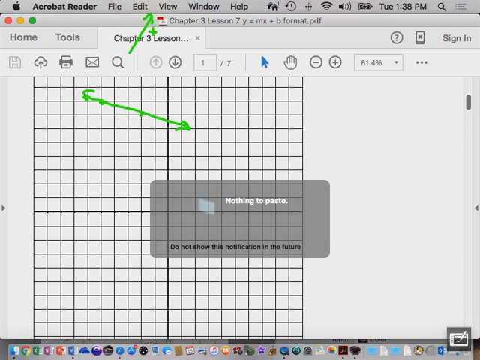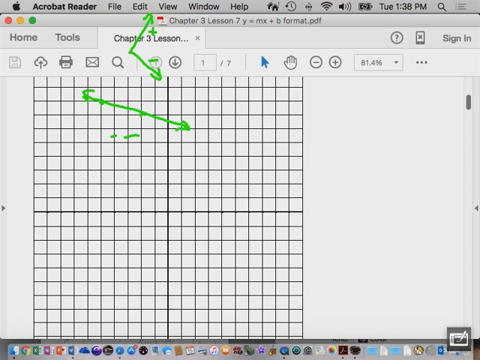If the slope goes down, it's a negative slope. Is this going up or down, left to right? Down. So therefore, this has a negative slope, and it's going to be what over what? I'm going down 1 over 3. So make sure you recognize, is this going to be a positive or a negative slope? Positive, and more or less, I'm being a little liberal here, but up 2 over 1.